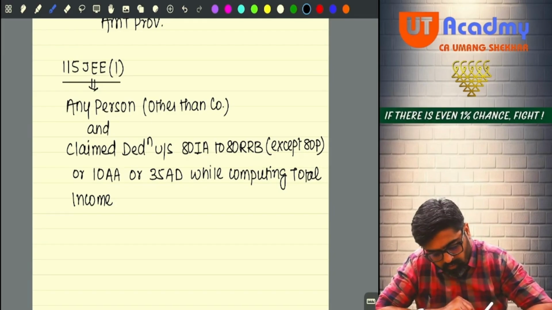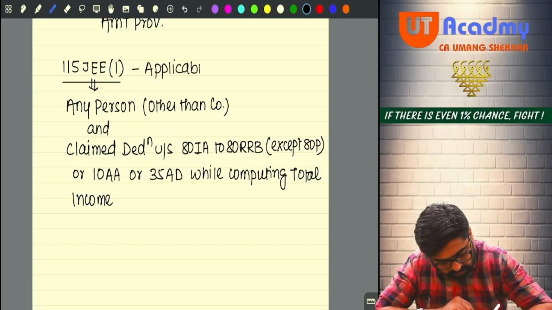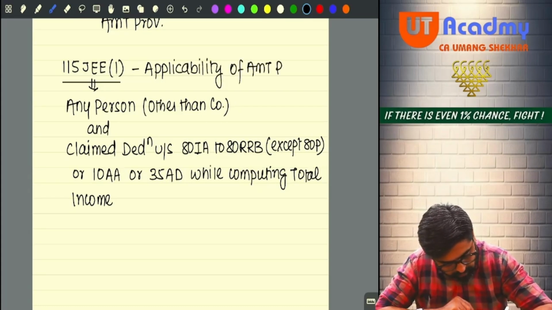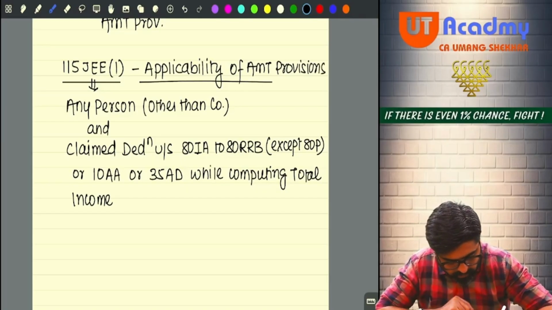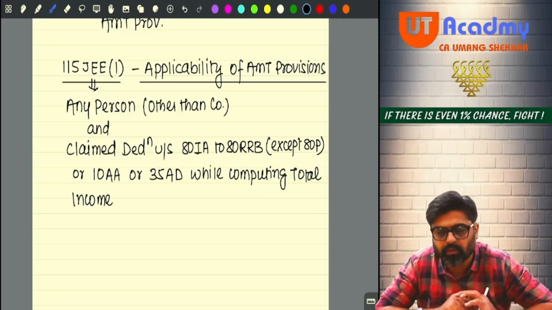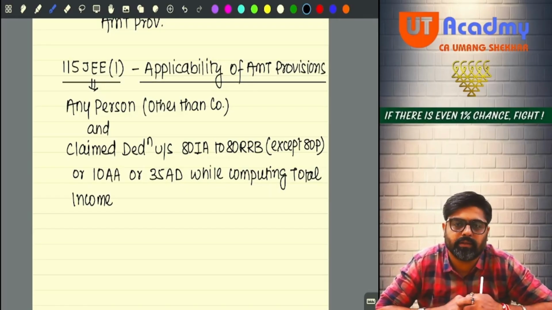Meaning 115JEE subsection 1 talks about the applicability of AMT provisions.